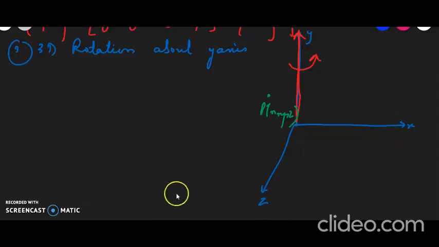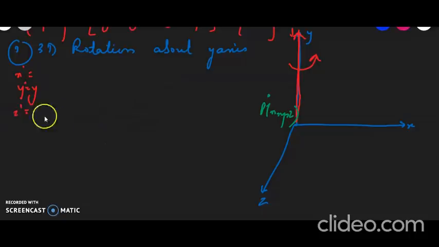My y dash will be same as y, right? What will change? X dash and Z dash will change. What will it change to? That is what we are going to see. So I'll just put this up on the left hand side corner. My Y dash will remain as Y, my X dash will change and my Z dash will change.